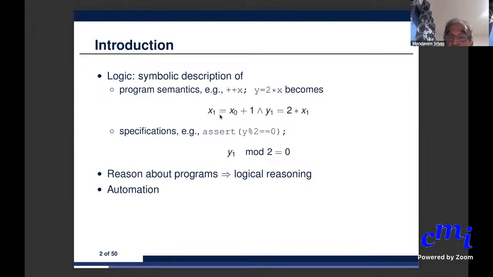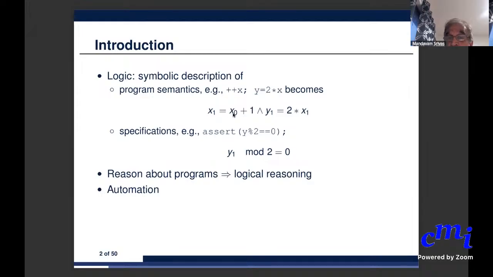I'm using time-stamped, indexed logical variables to denote the values of the 2 program variables x and y as they vary as you execute each instruction in the program.